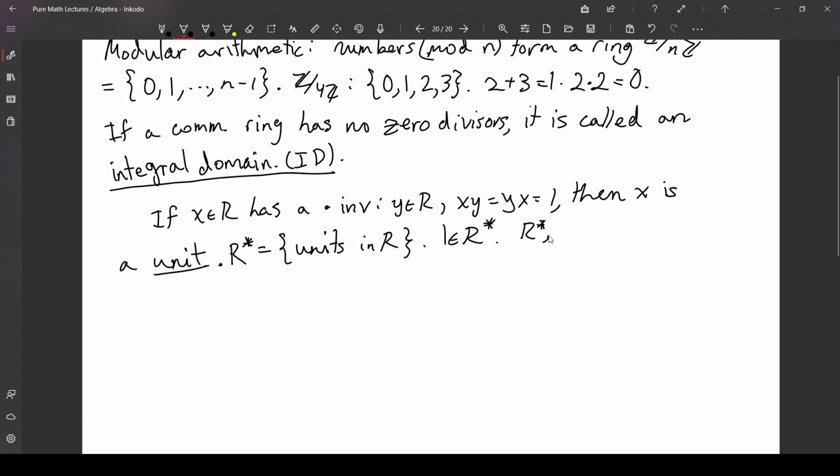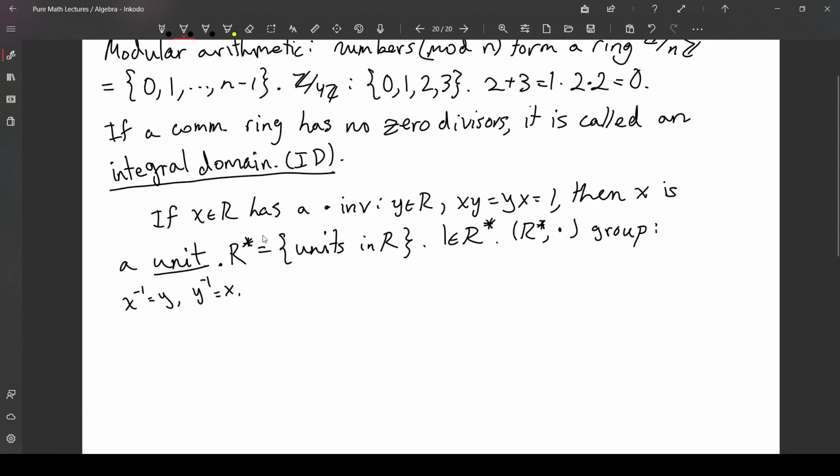Now R star and the multiplication operator actually form a group. And the reason being, essentially all you have to check is, well, obviously if x has an inverse, then its inverse also has an inverse, right? Like, if x inverse equals y, then y inverse equals x, right?